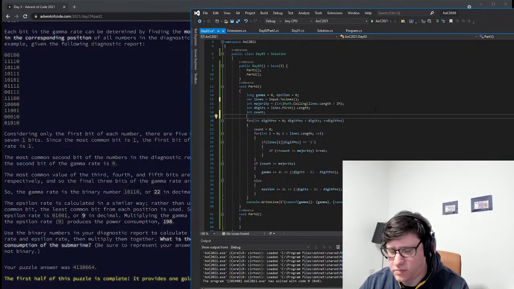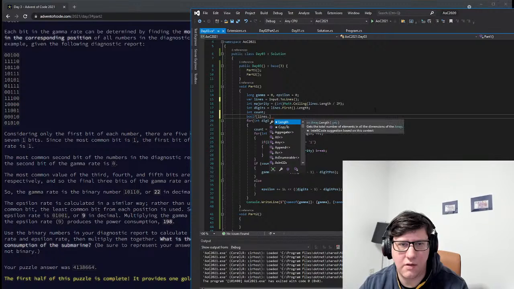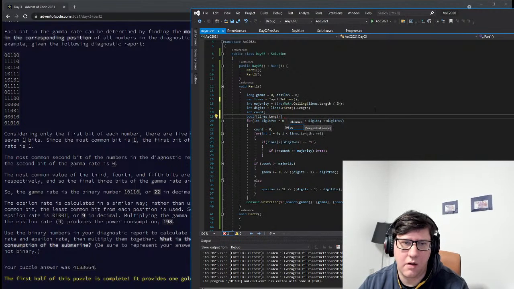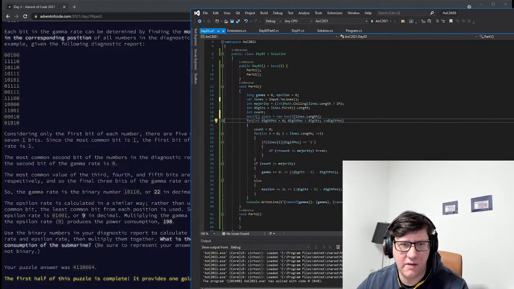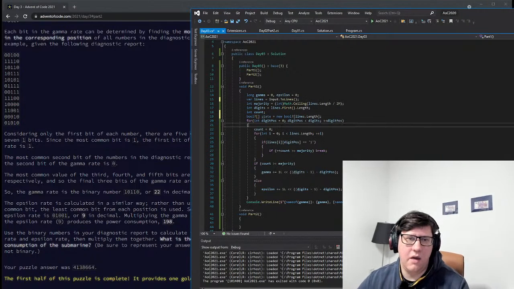Let's see. I can make it an array, so I can say a nullable bool of length lines dot length, state. Actually, I think I need to do it like this, right? Yeah. Okay, so this initializes the array.